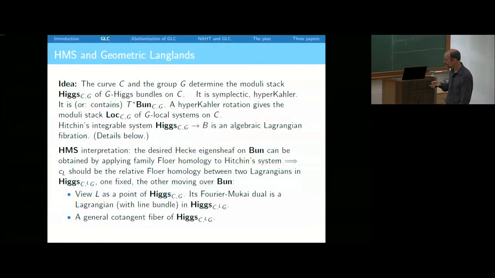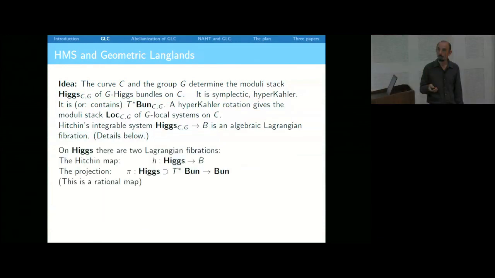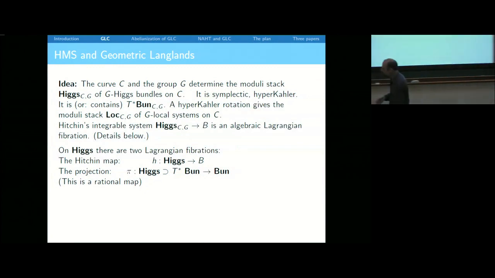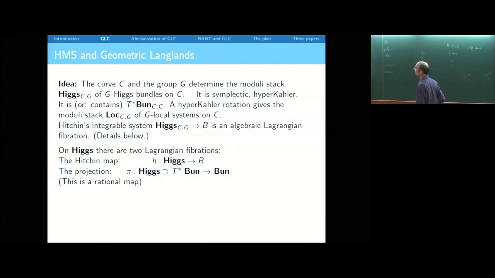In other words, I'm taking my L, which gives me one Lagrangian in Higgs. And I'm going to pair it off against a moving family of Lagrangians, which are the fibers of this map. Let me try to do that again on the board.